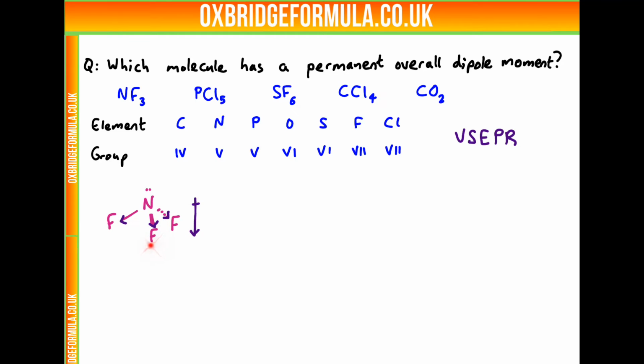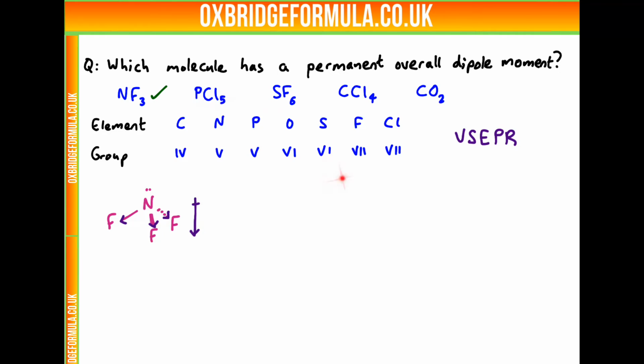And so we know that NF3 definitely has an overall permanent dipole moment because we've used our theory to predict the shape, and this shows that there will be a net overall dipole moment towards the side that has fluorine on it. So let's have a quick look through the rest of our molecules and see why they do not have an overall dipole moment.